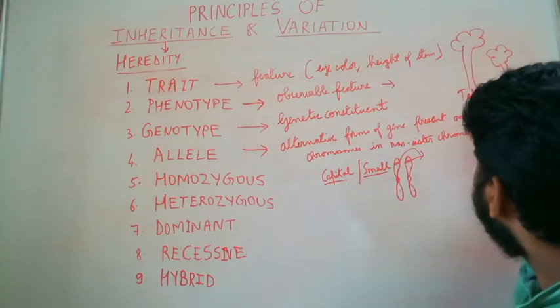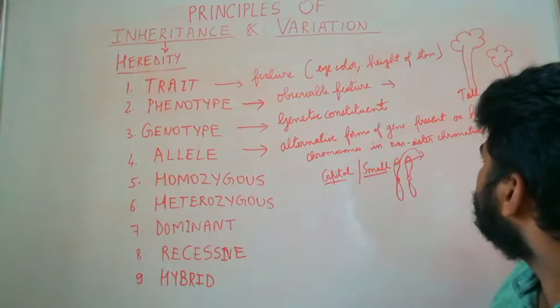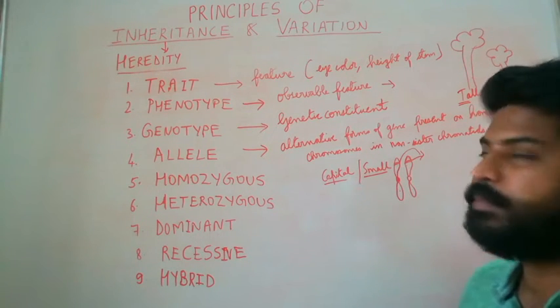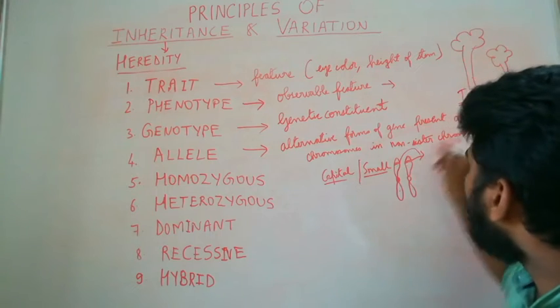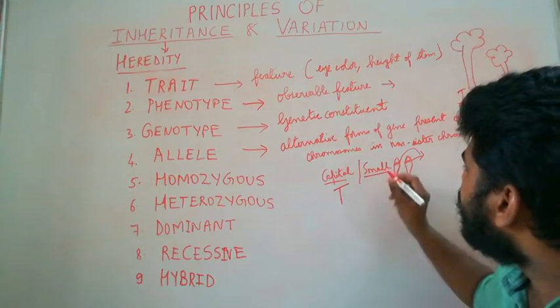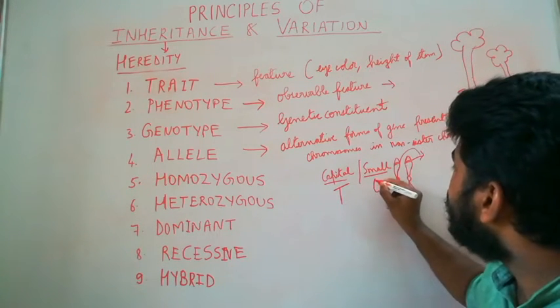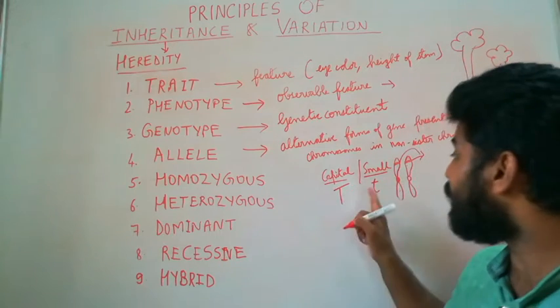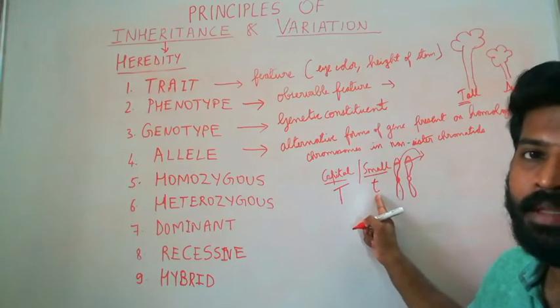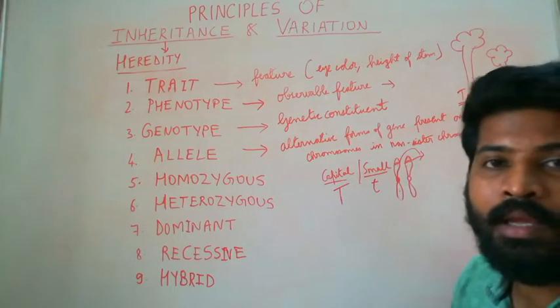So let us say we use the alphabet T. So tall plant will be represented by T, whereas the dwarf plant will be represented by the small case of the same alphabet. We should not use the alphabet D. Why?